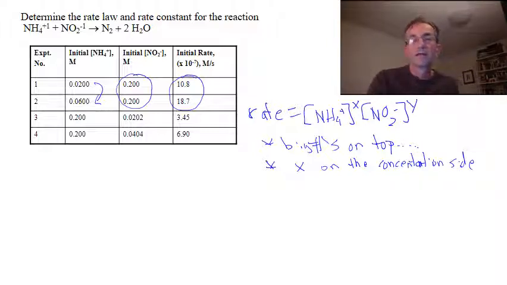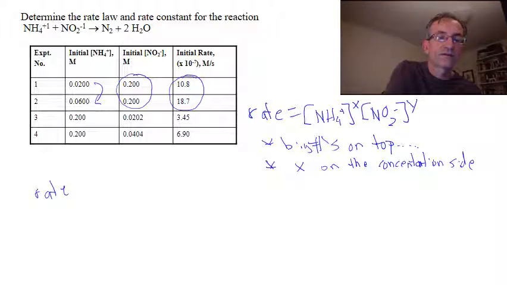All right, so let's go over here and do our work. I'm going to set up a ratio where I say the rate of experiment 1 and 2 compared to each other was changing because the concentration of NH4 was changing.